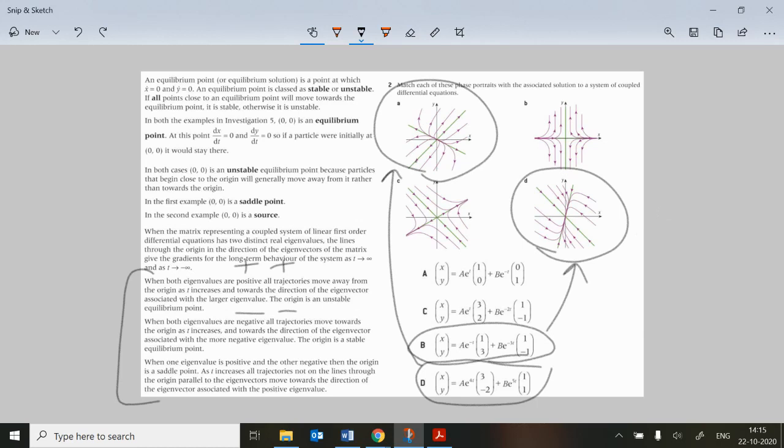And then it says, and towards the direction vector of the eigenvalue associated with the more negative eigenvalue. Which is the more negative eigenvalue here? We've got the 3t. So things are going to be moving in this direction over the long term. So this direction is this way. And you can see here, in the long term, we are going in this direction here.